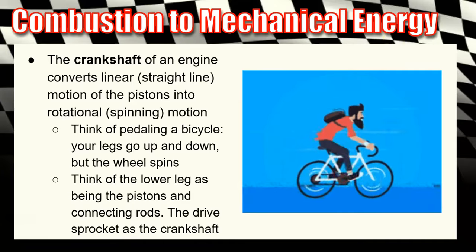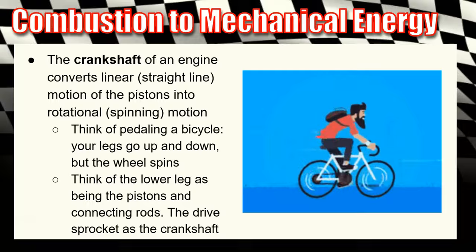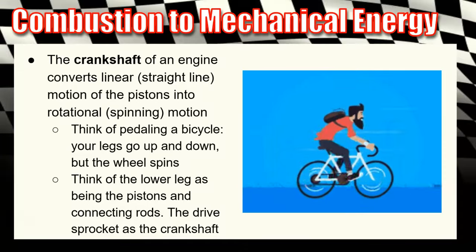In the last video, we looked at how an engine transforms fuel into, well, an explosion via chemical energy. What we're going to look at today is going from that combustion, which creates the power, to mechanical energy. Think of it like this.